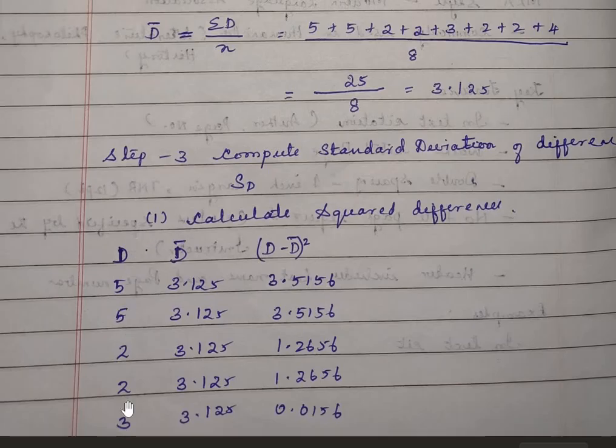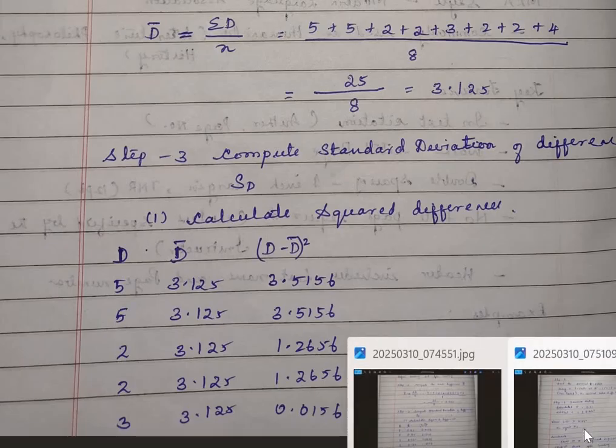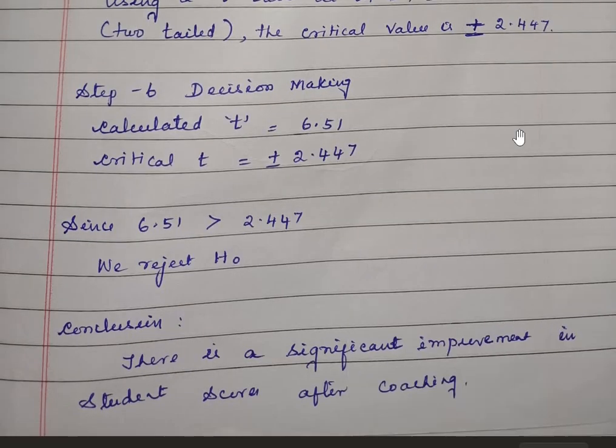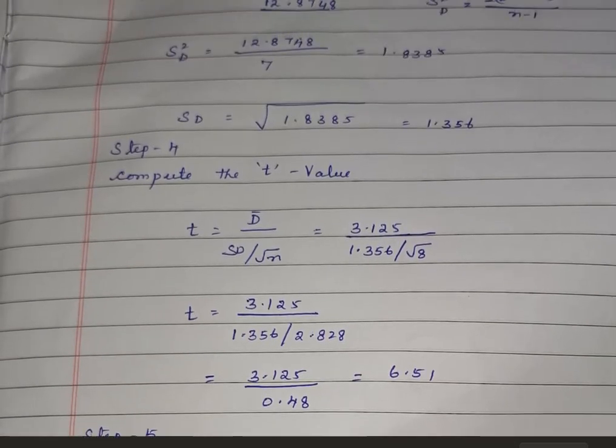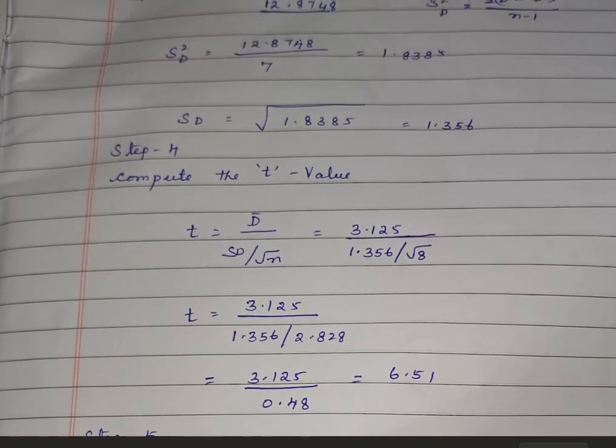We write the d value for each of the 8 students, and d bar is the average we already calculated. Then we compute d minus d bar, square it, and sum. The summation of (d minus d bar) square is 12.8748.